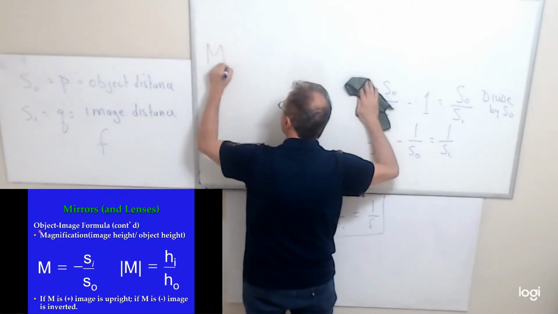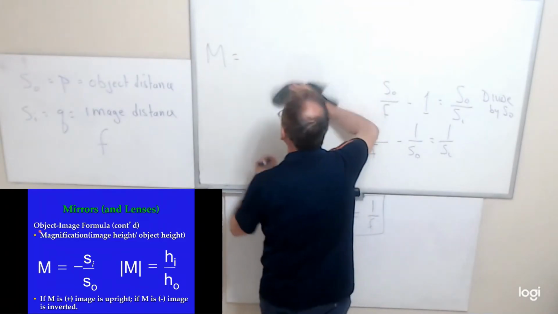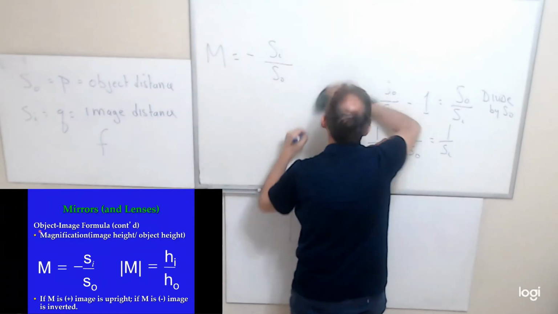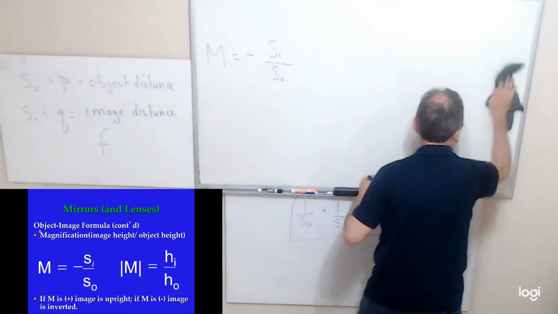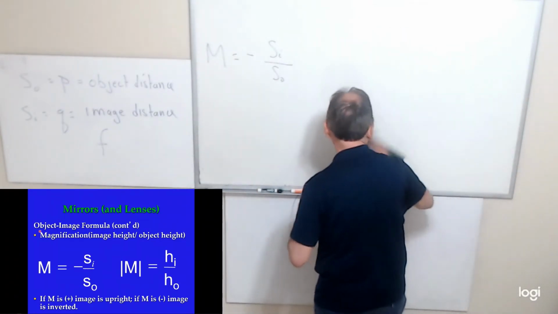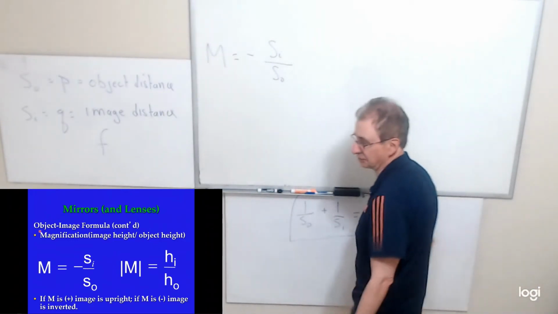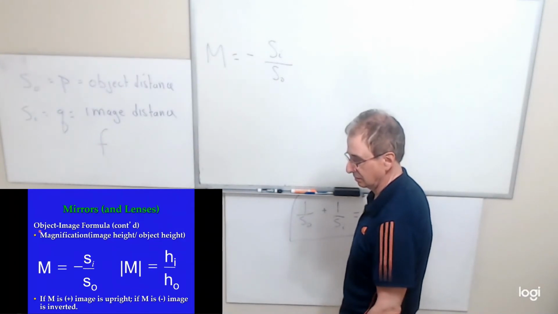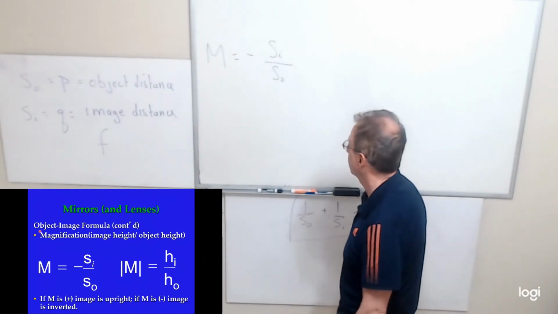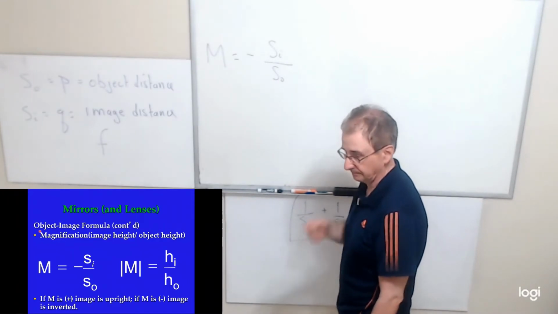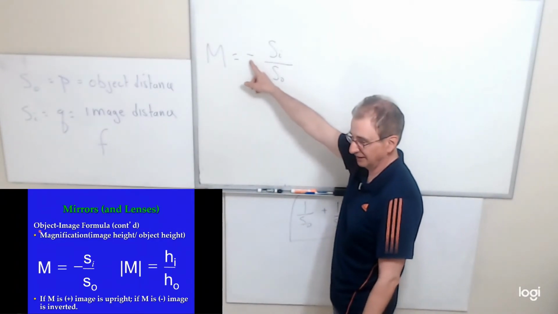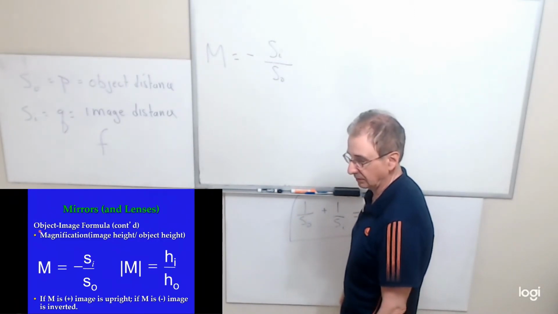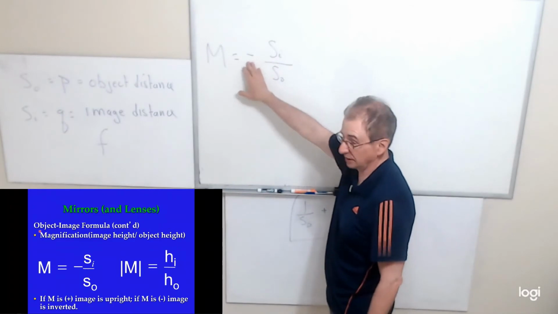We use the letter M for magnification. We write a minus sign in front of it. And really the minus sign has to do with the fact that if you produce a real image, the image is upside down. The minus sign just tells you that the image is upside down. That's why that's there.